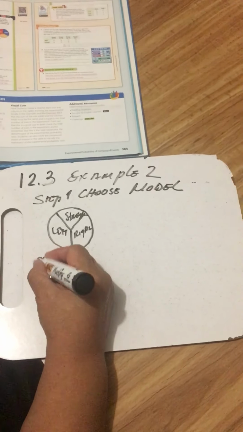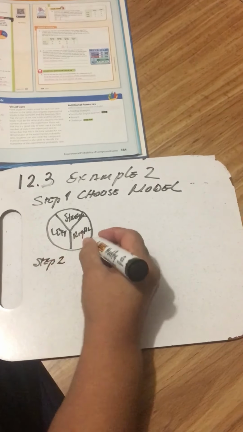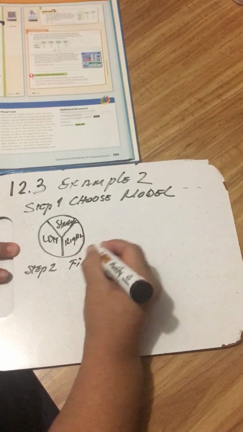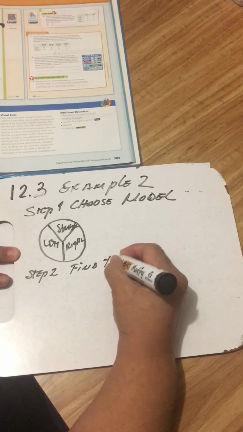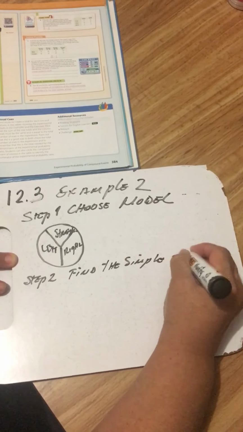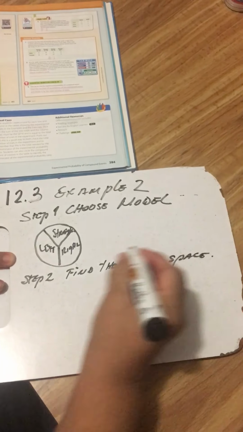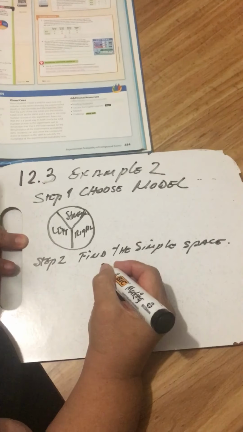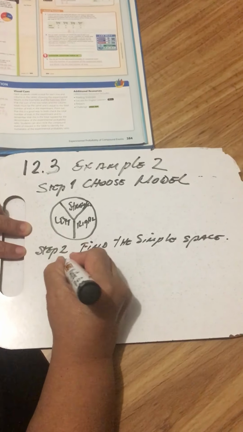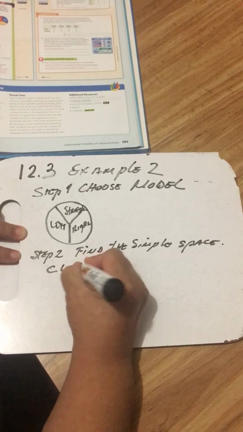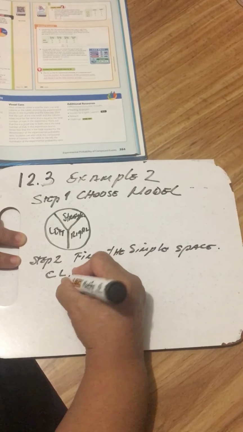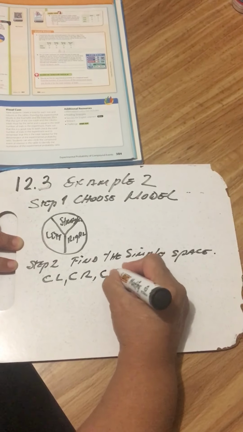Then step 2, we find the sample space. Okay, there is a car and left, a car and right, a car and straight.